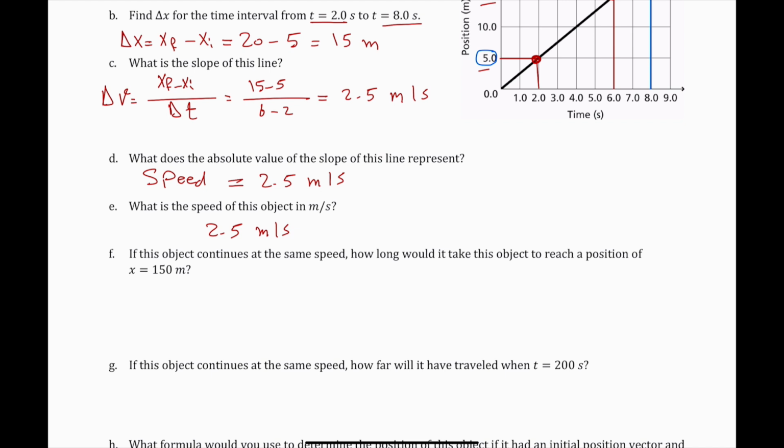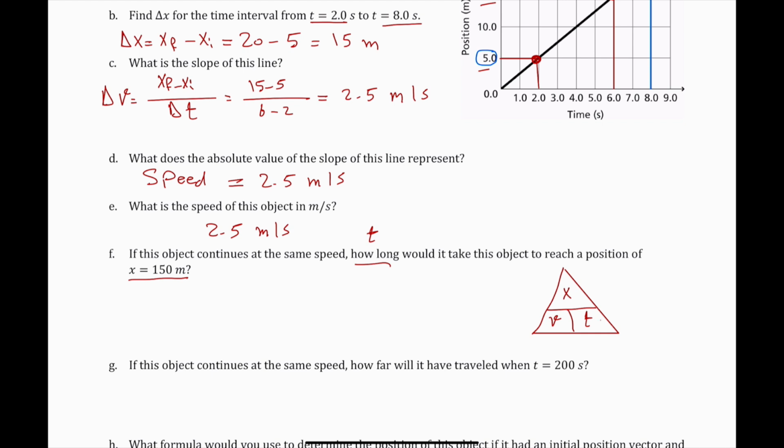F. If the object continues at the same speed, how long, so we're asking about the time, would it take this object to reach a position of x equals 150 meters? So now we know that the velocity equals distance over time, or average velocity equals position over time.